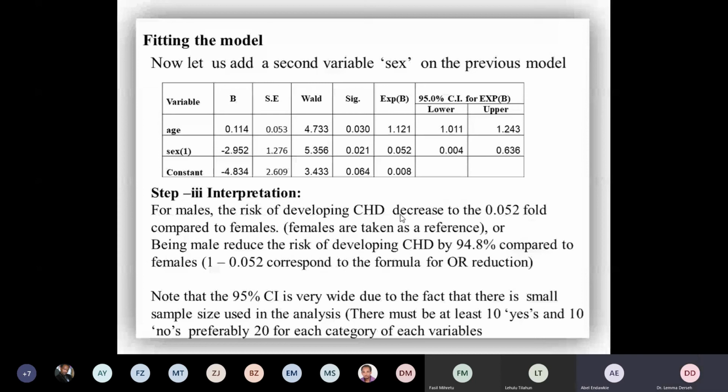But the simplest way, as I told you before, is to say: being male reduces the risk of developing CHD by 95%. That means 0.05 times as likely as the other.